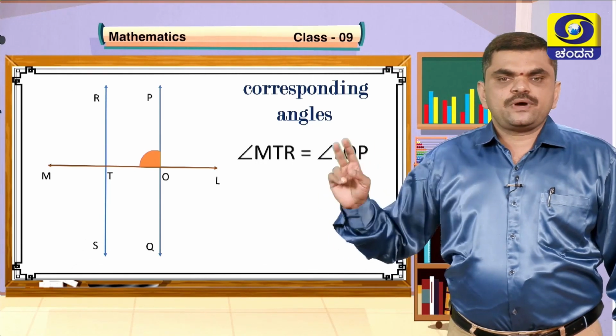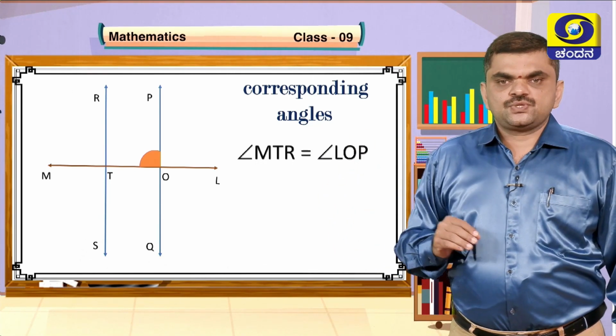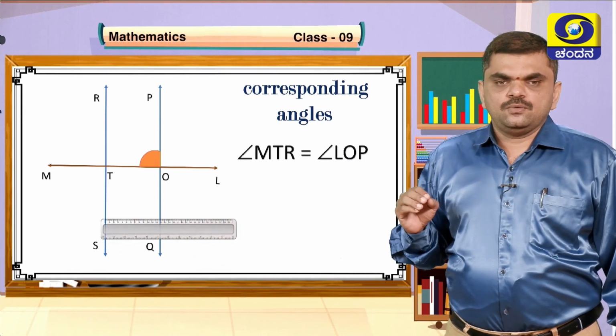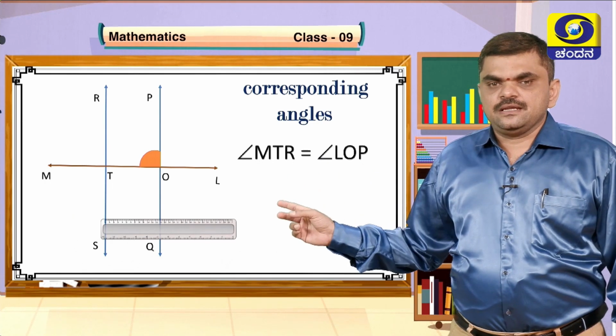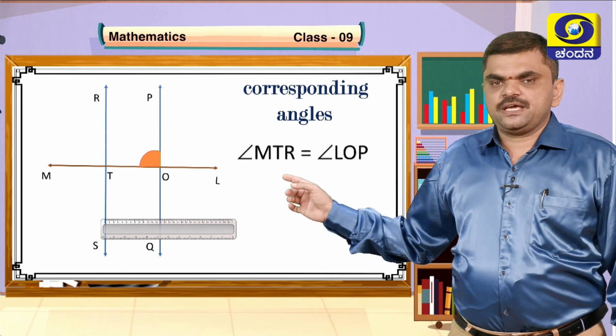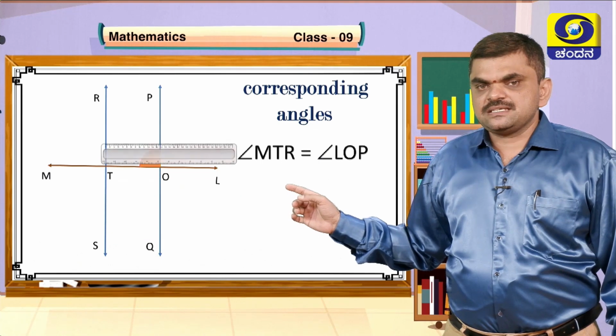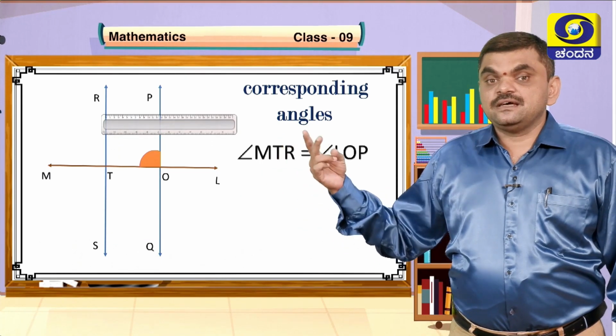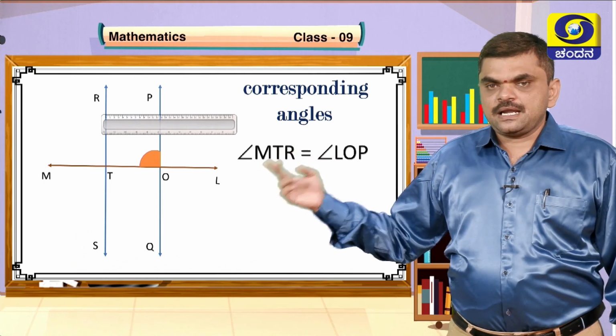So, those two angles are equal. So, we have seen the axiom, children. Now, measure the distance between RS and PQ. It is the same everywhere. Then observe here, children, those are parallel lines.